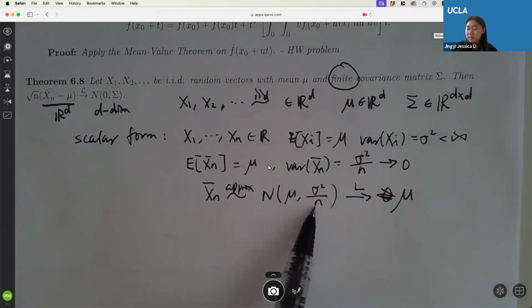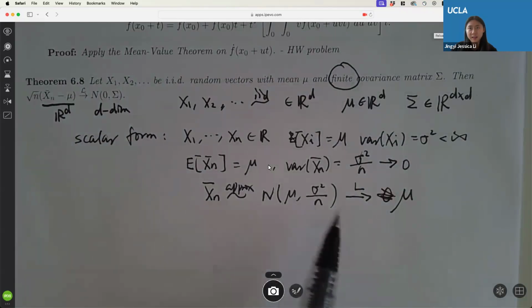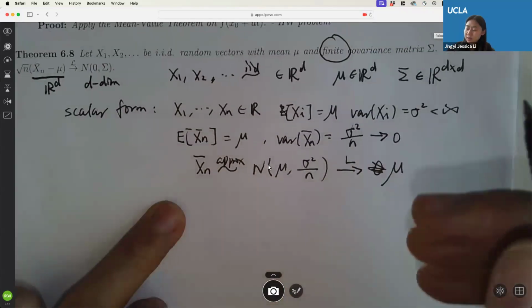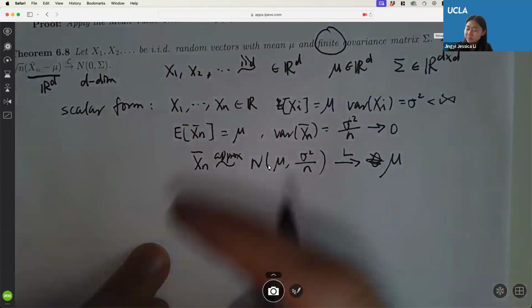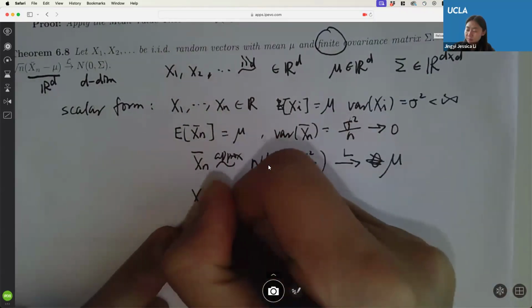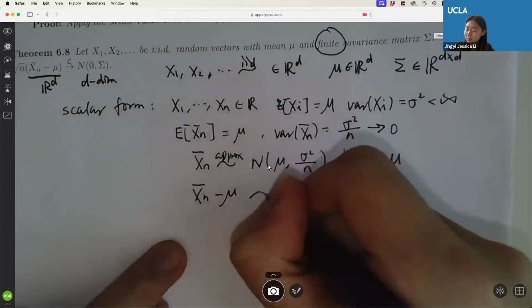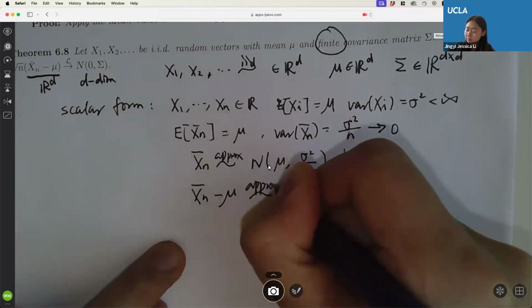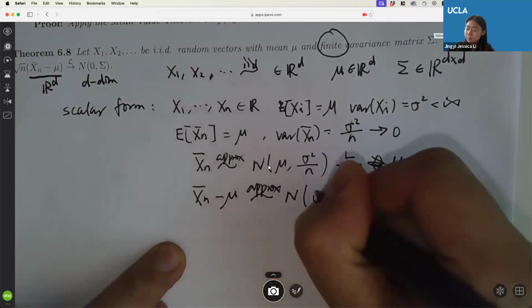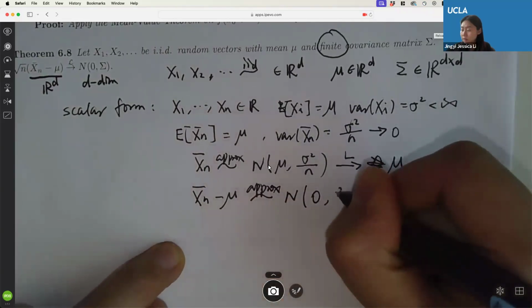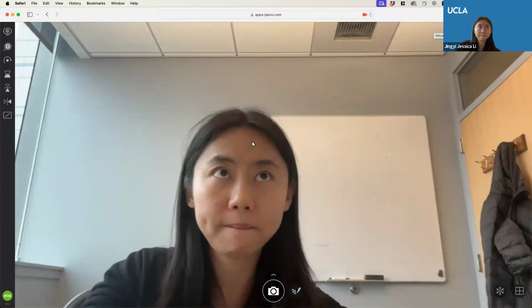But what happens if you don't have this, if you just have this, not like this, right? So what we can do is that we can first write x n bar minus mu, put it on the left-hand side, and this will be approximately normal distribution with mean 0, variance sigma squared over n.